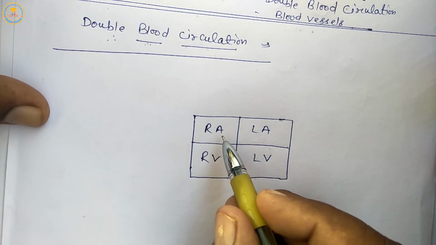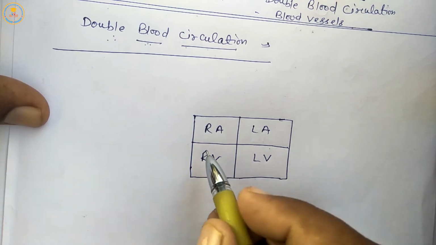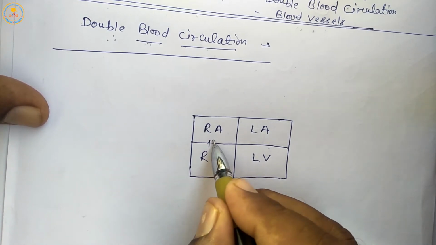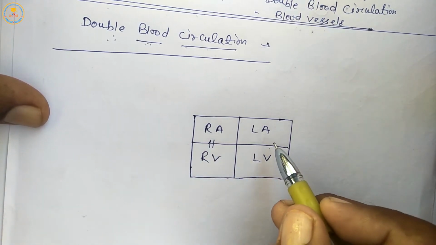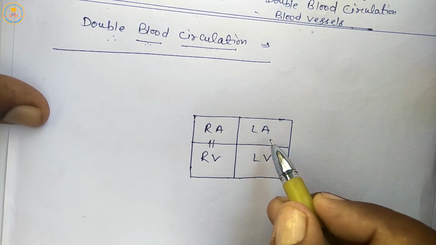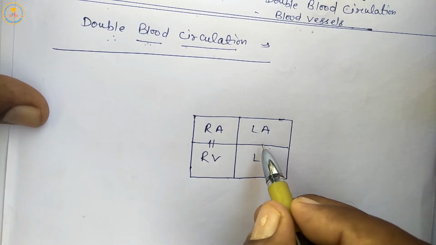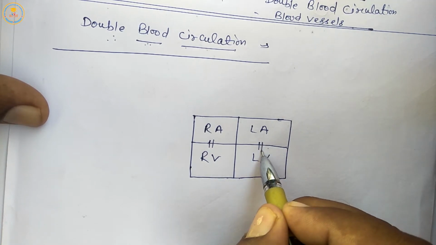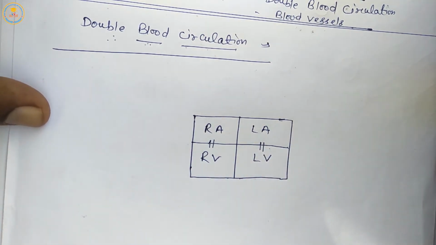And right auricle opens in right ventricle by a specific valve, the tricuspid valve, and left auricle opens in left ventricle by a specific valve, the mitral valve or bicuspid valve.